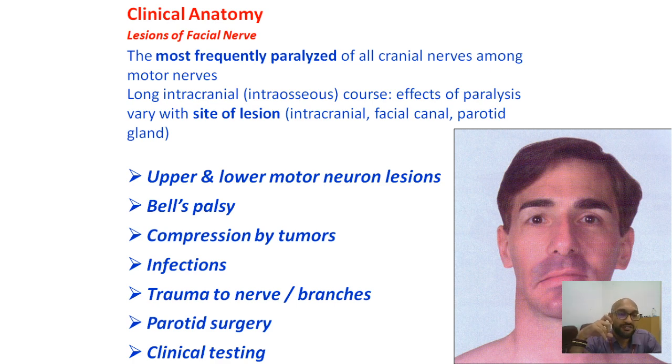Whereas the lower half of the face, since it has only got a contralateral nerve supply from the opposite cerebral cortex, gets affected, and therefore you get paralysis of the lower half of the face and not of the upper half of the face.